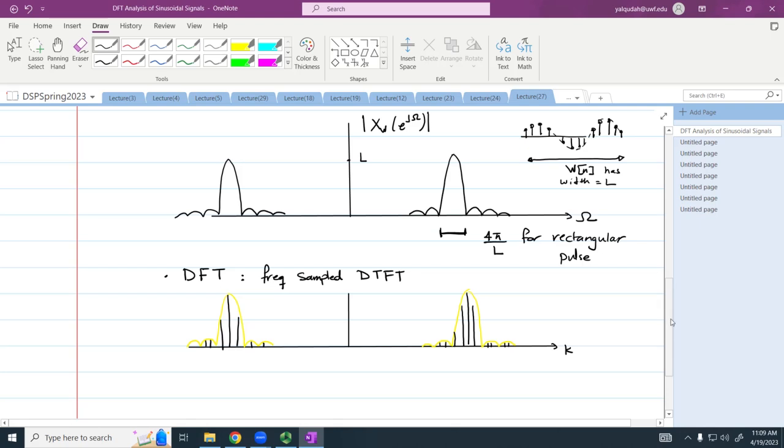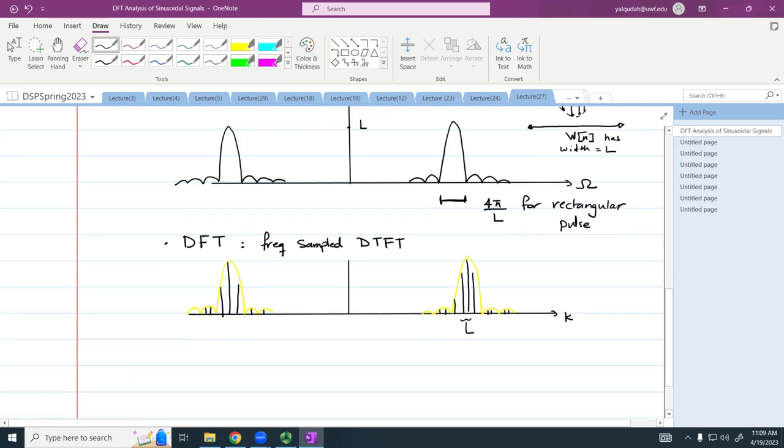Now the distance between two samples, delta omega, is going to equal 2 pi divided by N. And therefore, as we can see, for the appearance of the discrete Fourier transform, as N increases, we have more resolution of the DFT plot.